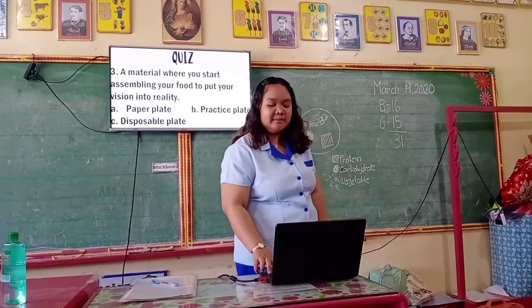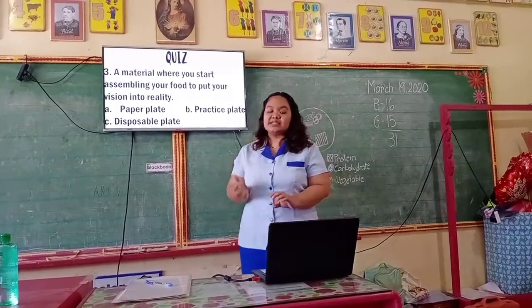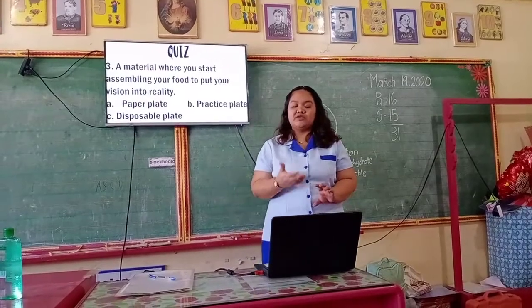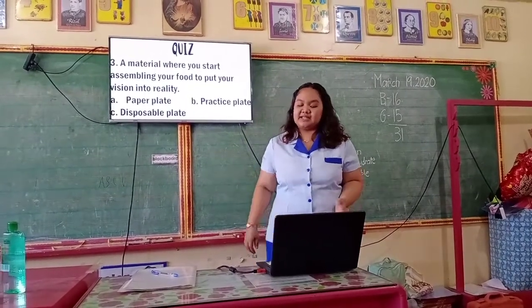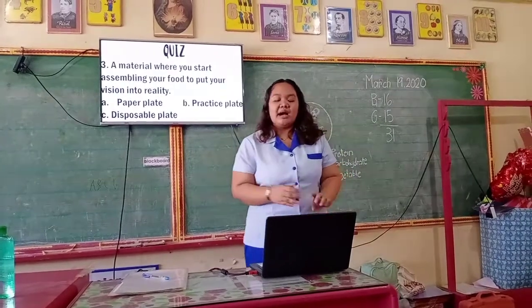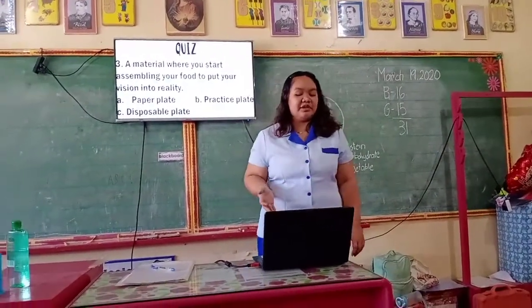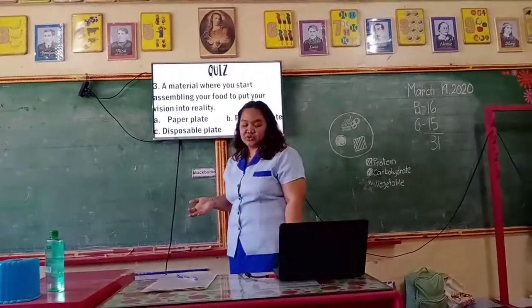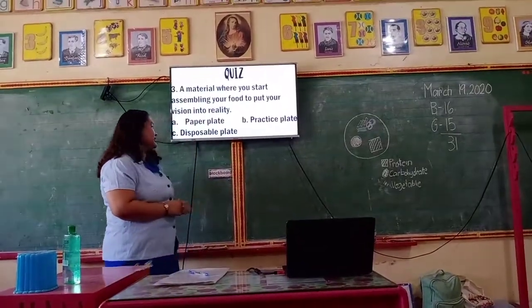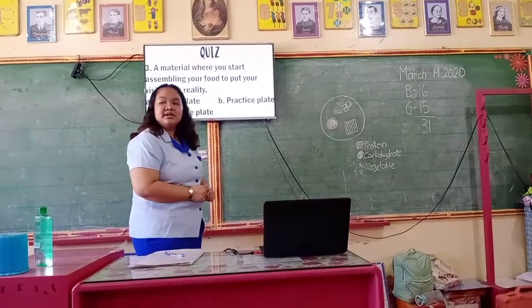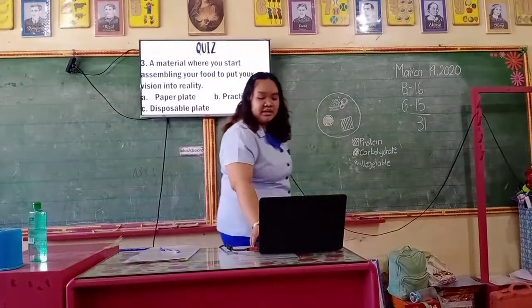Number 3. A material where you start assembling your food to put your vision into reality. A. Paper plate. B. Practice plate. C. Disposable plate. Mind your own paper. Number 4.